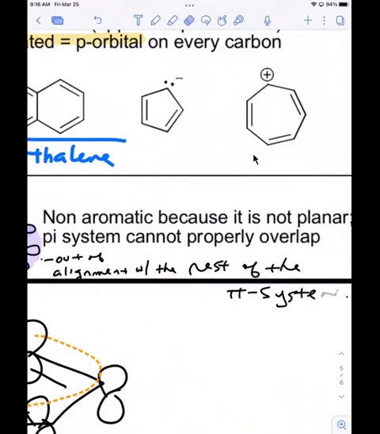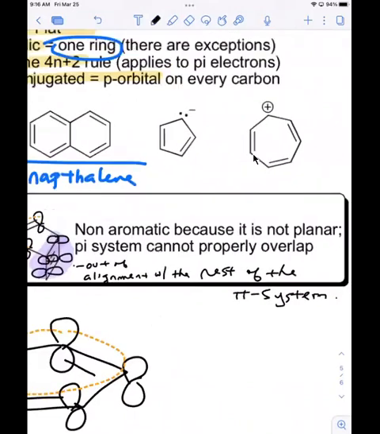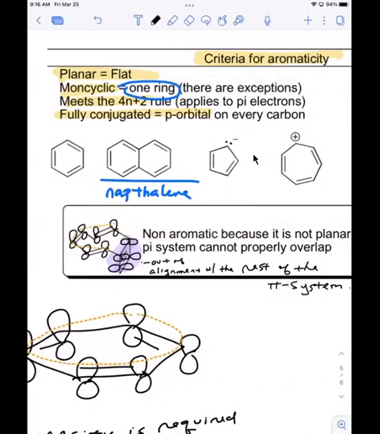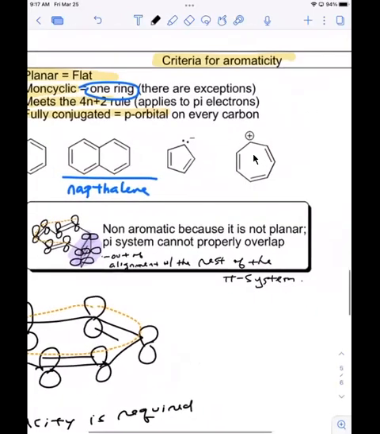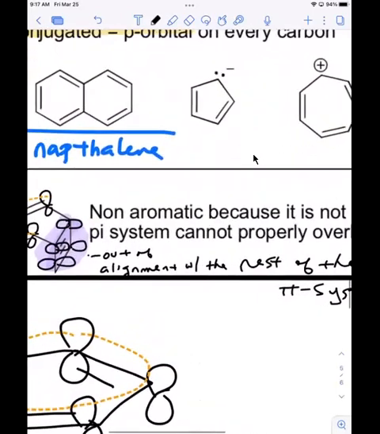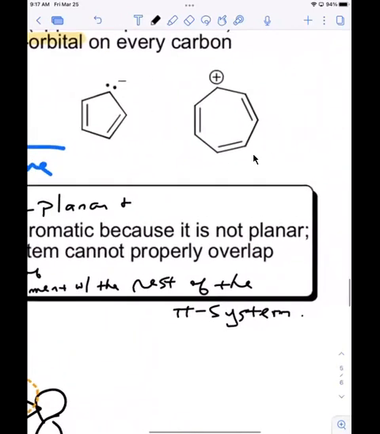So the rest of that pi system cannot overlap with those p orbitals that are facing perpendicular to it. And so because of that, that's a problem, right? And so that breaks up the planarity, and it also breaks up the conjugation. So this is non-planar and not fully conjugated.